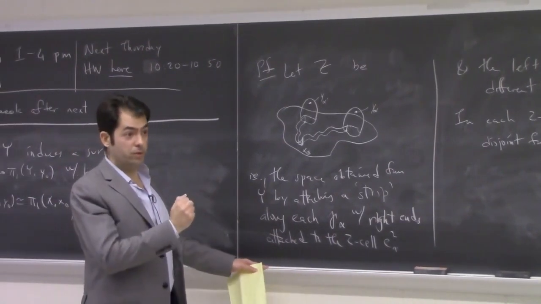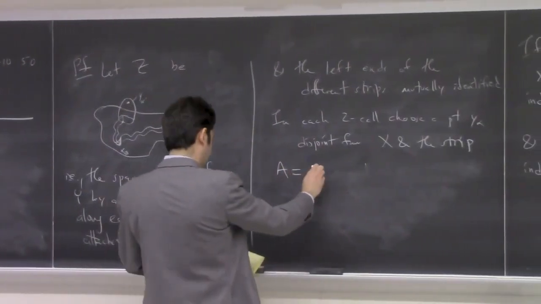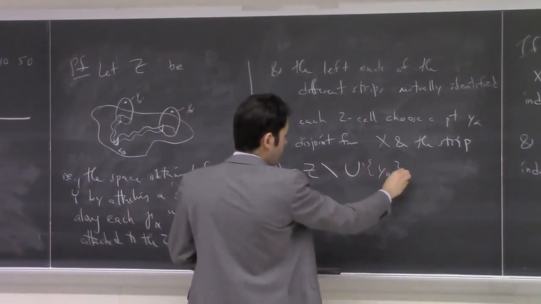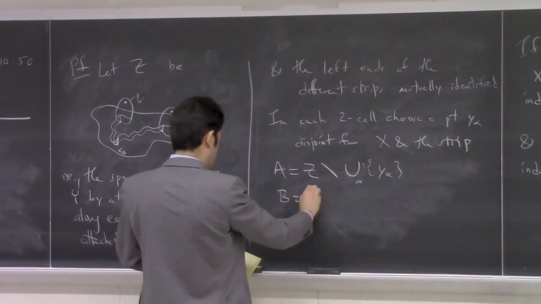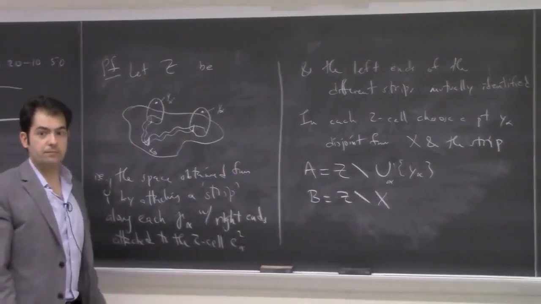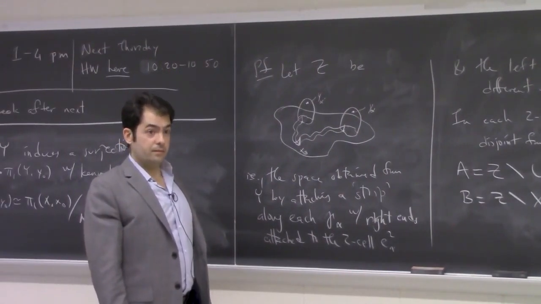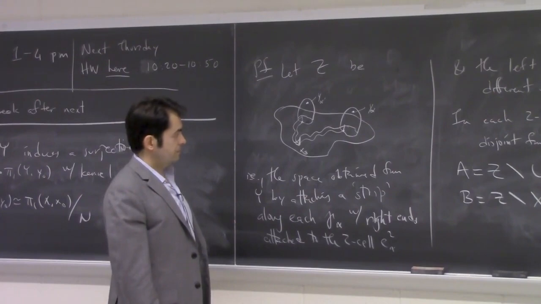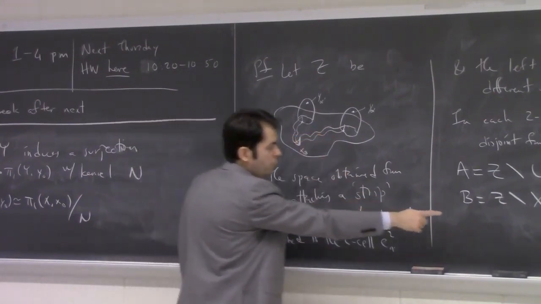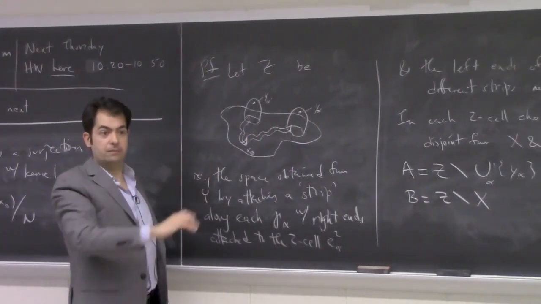So just pick points and consider the cover: A is Z minus the union of these points, and B is Z minus X. By putting in this little strip, when we remove x, we still have most of the strip, so they're still connected.